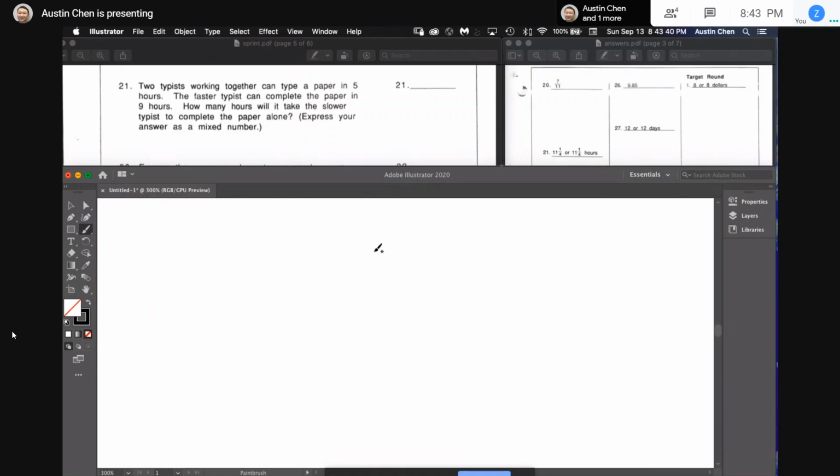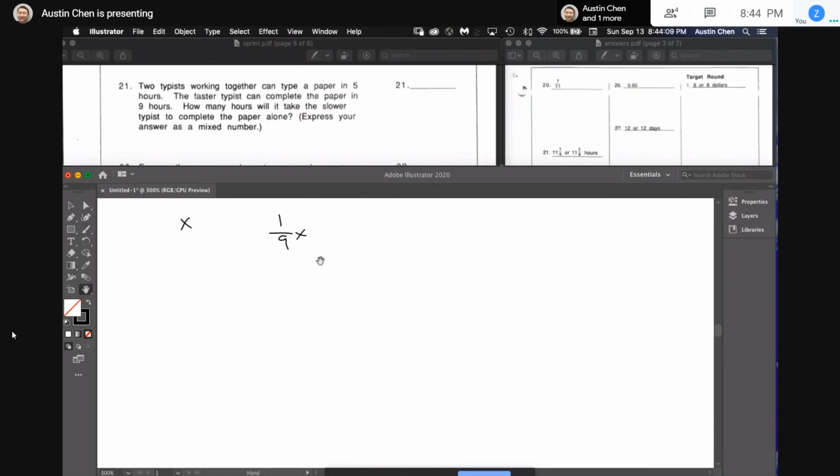The rate of the faster typist is a paper per 9 hours. So if you had x as the number of hours, 1/9 x would give the number of papers that the faster typist completes, because it's one every 9 hours.